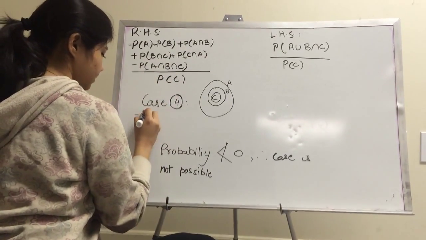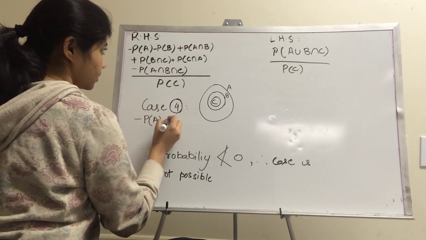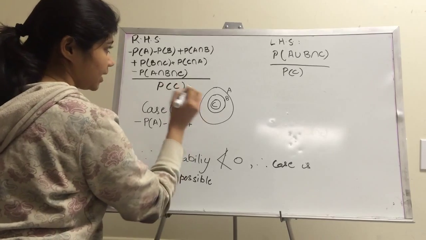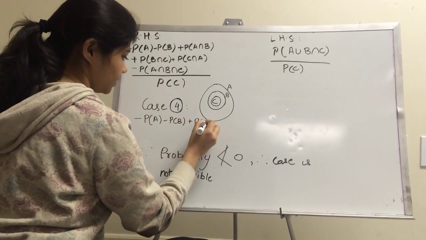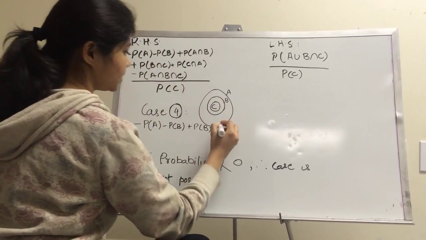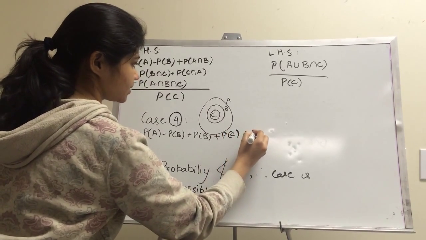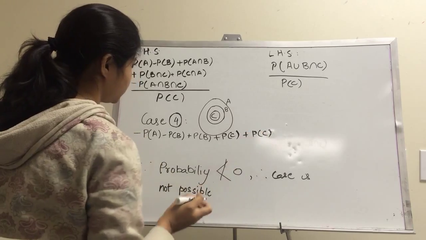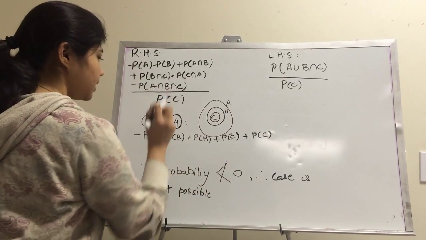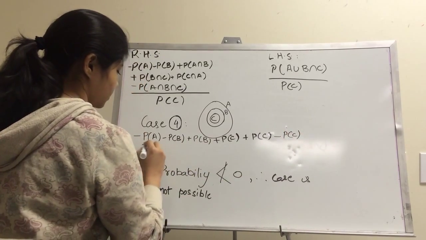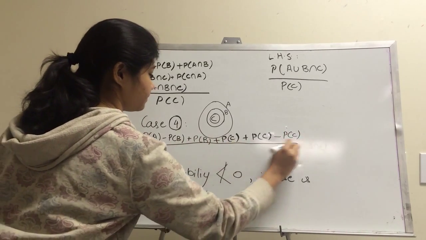So I got minus P of A minus P of B plus P of A intersection B gave me P of B plus P of B intersection C is equal to P of C plus P of C intersection A gave me P of C minus P of A intersection B intersection C gave me minus P of C whole upon P of C.